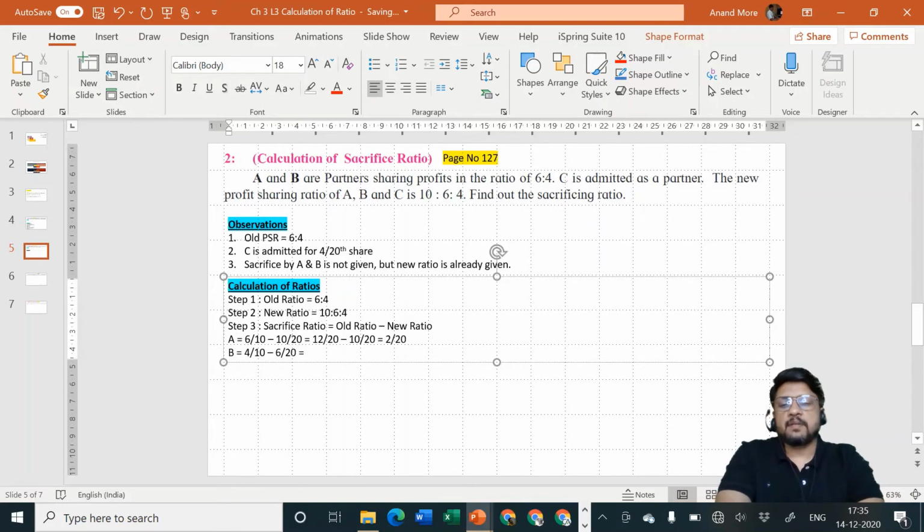So the first one is multiplied by 2, that becomes 8 by 20 minus 6 by 20, that becomes 2 by 20. So I can say sacrifice ratio is equal to 2:2.